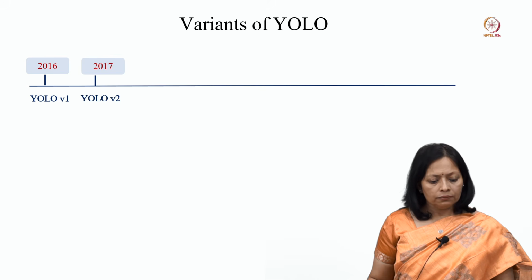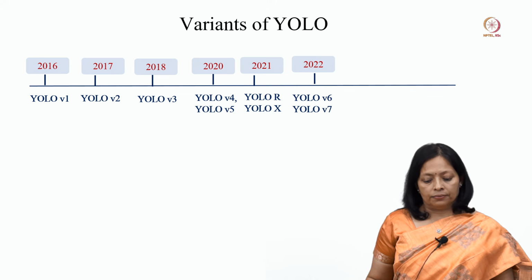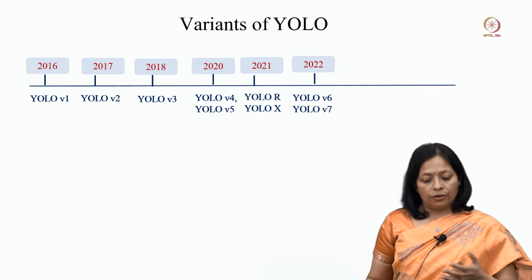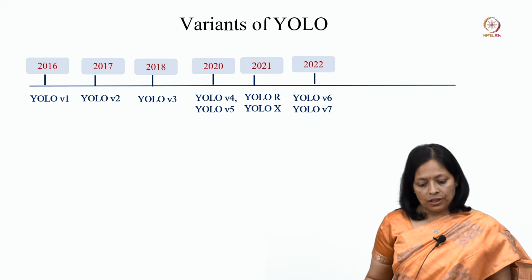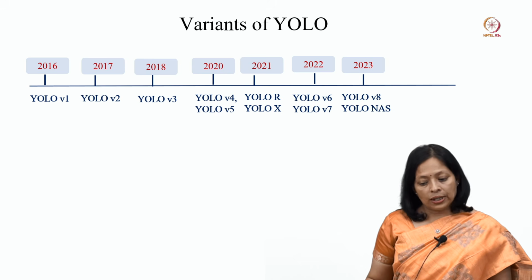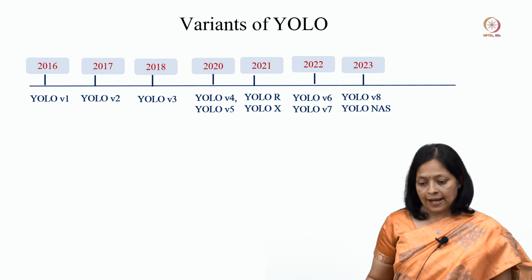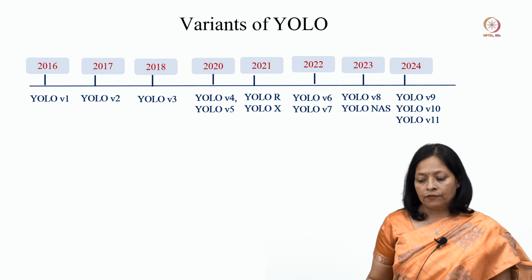Then in 2017 YOLO V2 came, then V3 in 2018, in 2020 V4 and V5 came, in 2021 YOLO R and YOLO X came, in 2022 YOLO V6 and V7 were introduced, in 2023 YOLO V8 and YOLO NAS, and in 2024 we have YOLO V9, V10 and V11.